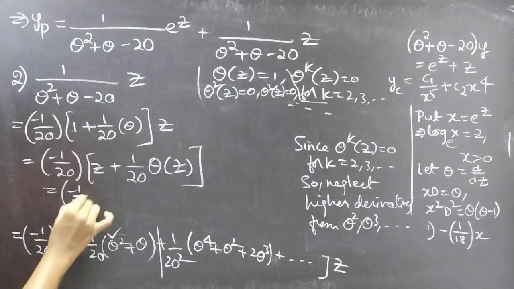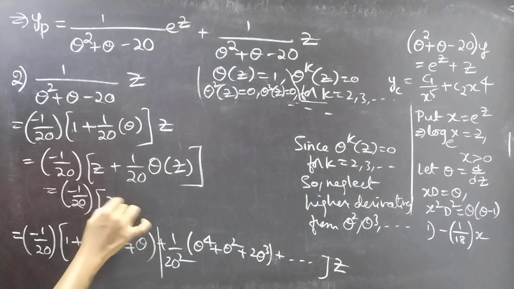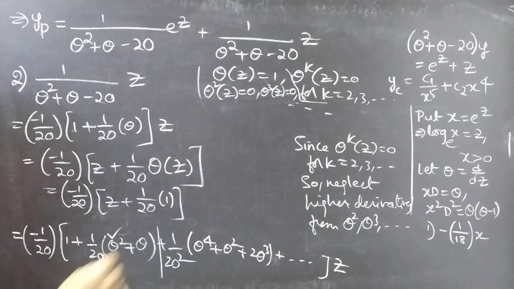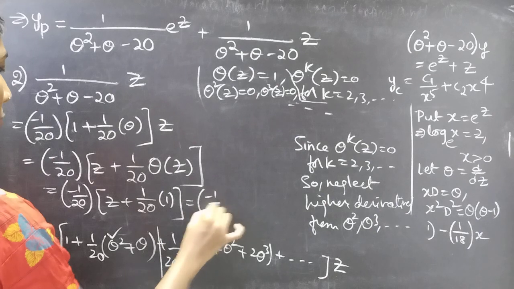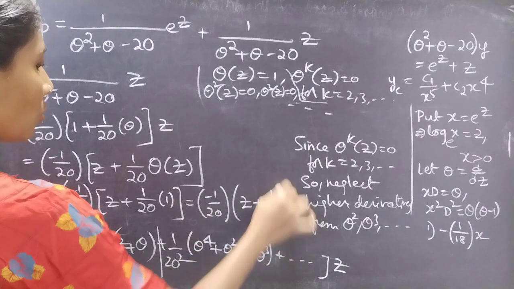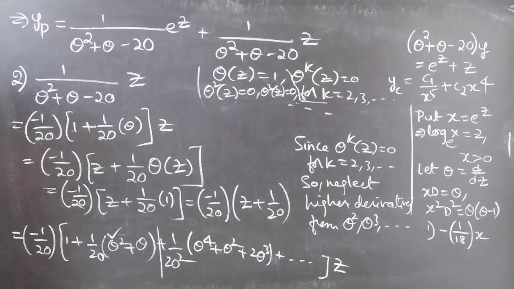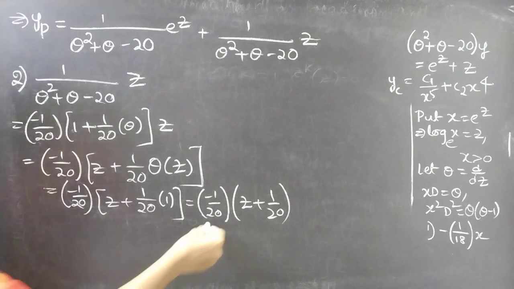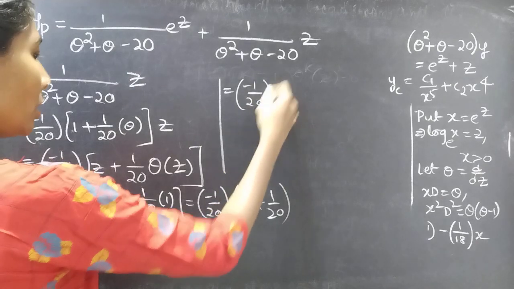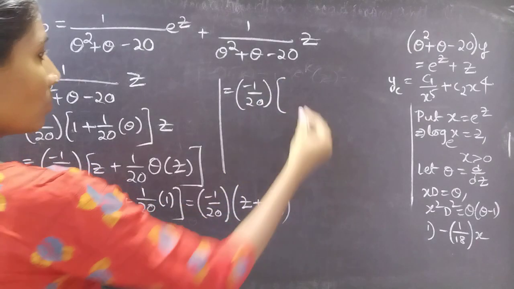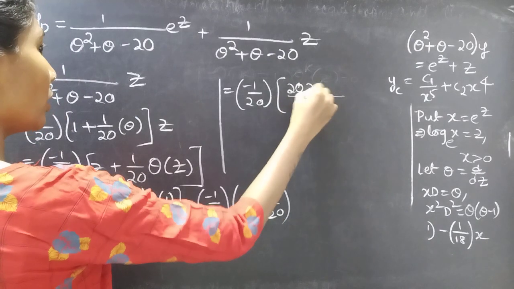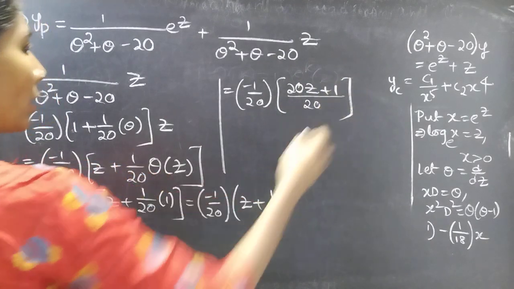Now we have the value for θ of z, which is 1. Let's put the value here. We'll get 1/20 into 1, which is equal to minus 1/20 into (z + 1/20). So this becomes minus 1/20 into, taking the LCM, 20 in the denominator and in the numerator you'll get 20z + 1, right?